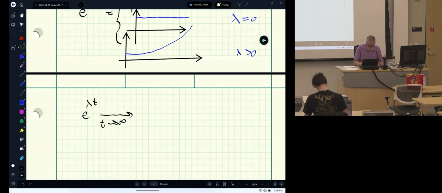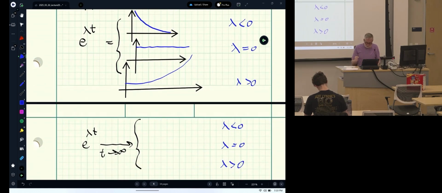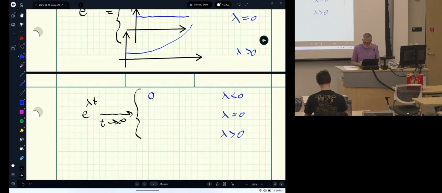What is the long-term behavior? Lambda less than 0, lambda equals 0, lambda greater than 0. So I'm revealing how I think about eigenvalues and eigenvectors for understanding solutions of linear differential equations. So when lambda is negative, this limit is 0. When lambda is 0, it's not very interesting, and it just stays constant.